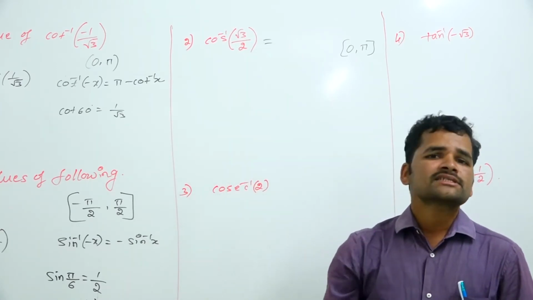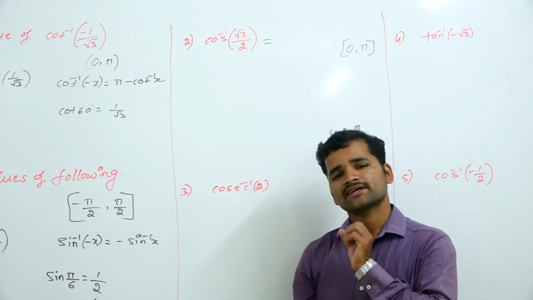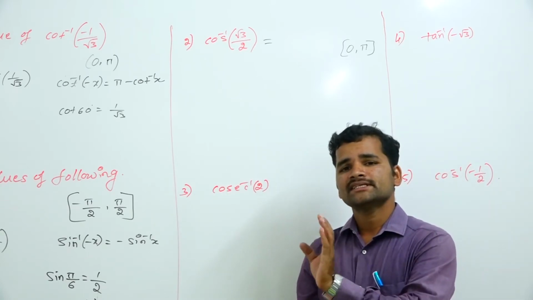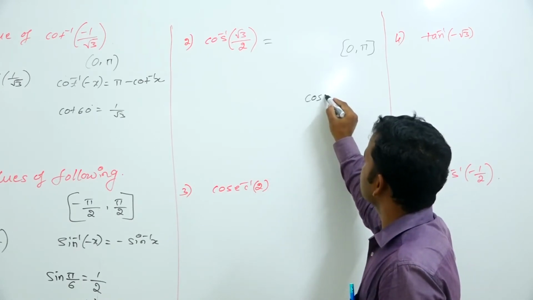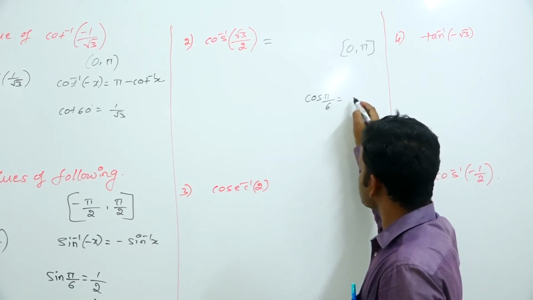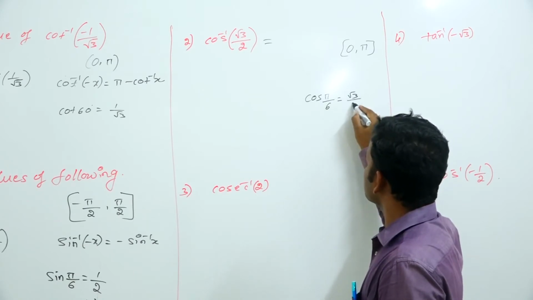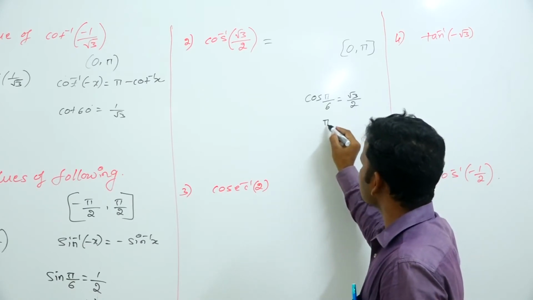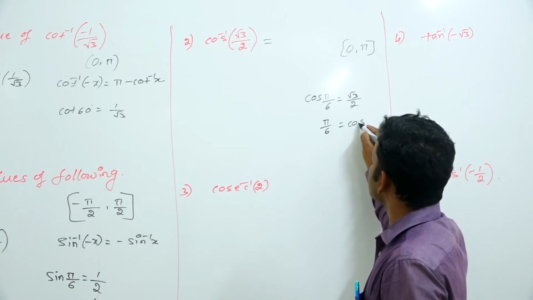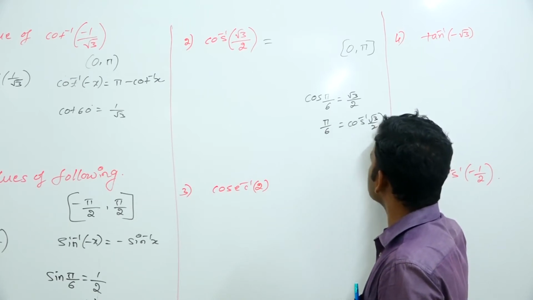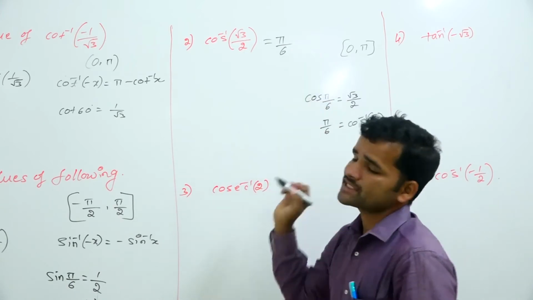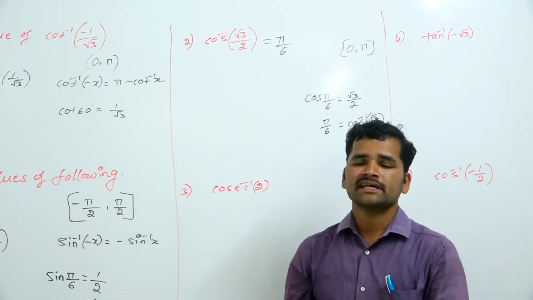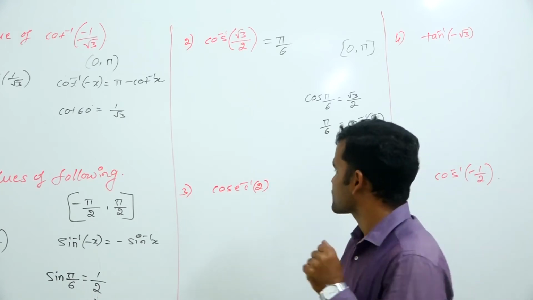Which angle gives us root 3 by 2 for cos? Cos 30 degrees, that is cos pi by 6, is equal to root 3 by 2. This can be written as cos inverse of root 3 by 2 is equal to pi by 6. So the answer here is pi by 6. These are all one mark questions, so we can directly write the answers.